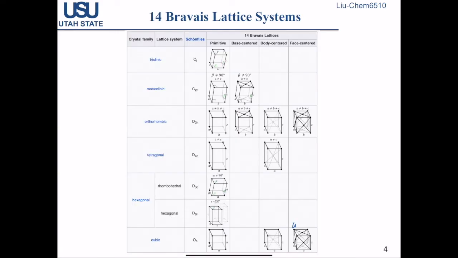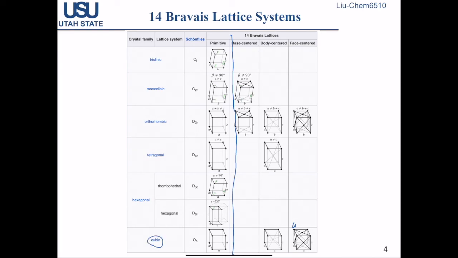Then, so here, that's a primitive structure. That is the system. We have triclinic, monoclinic, and the hardest one is cubic, okay?